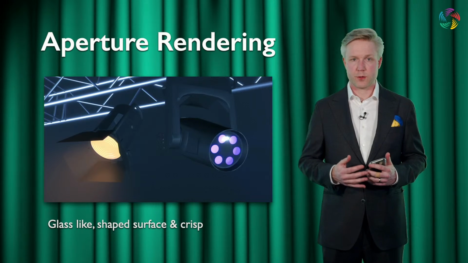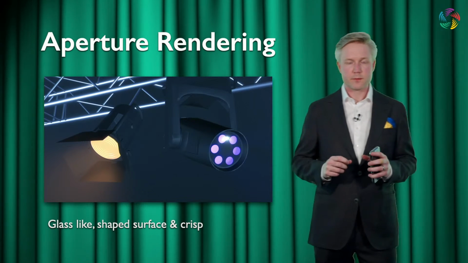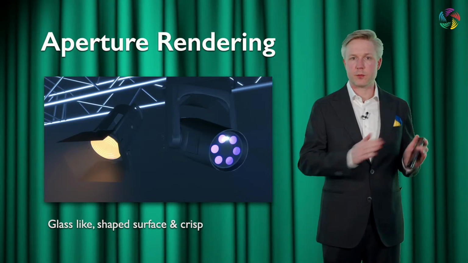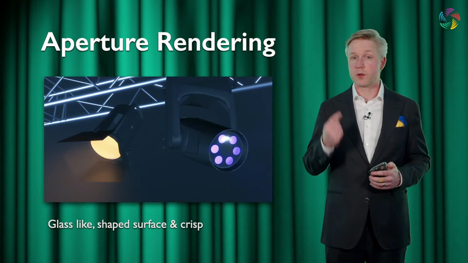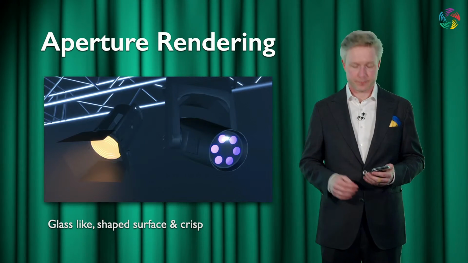One type of fixture where this is particularly obvious is fixtures like pixel strips, which have many really small apertures on them, that now look great regardless of the distance you are looking at the fixture from.